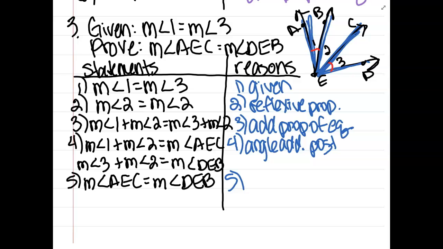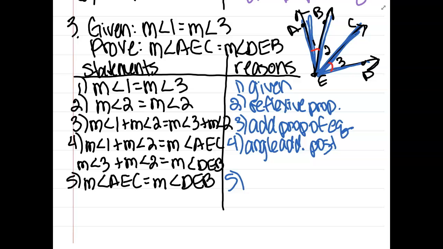Now, last class, and I know what you're going to want to say, I think you may be thinking transitive property. The transitive property either says if A equals B and B equals C, then A equals C, or if A equals B and C equals B, then A equals C. If two things equal the same thing. And that's not exactly what this is saying, because angle 1 and angle 2, angle 3 and angle 2, those are different.